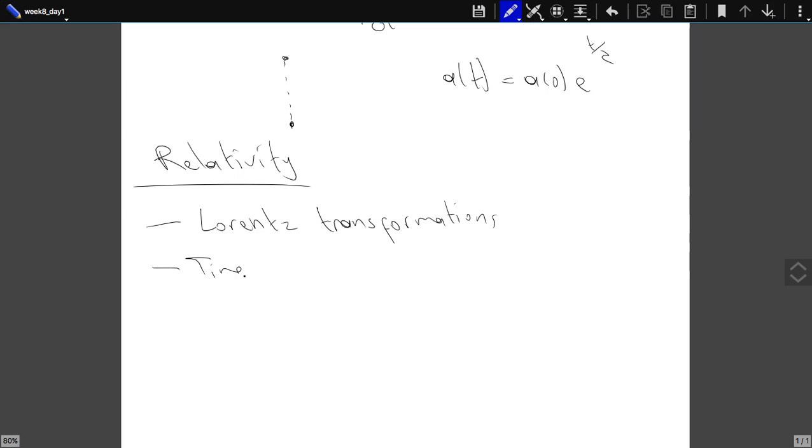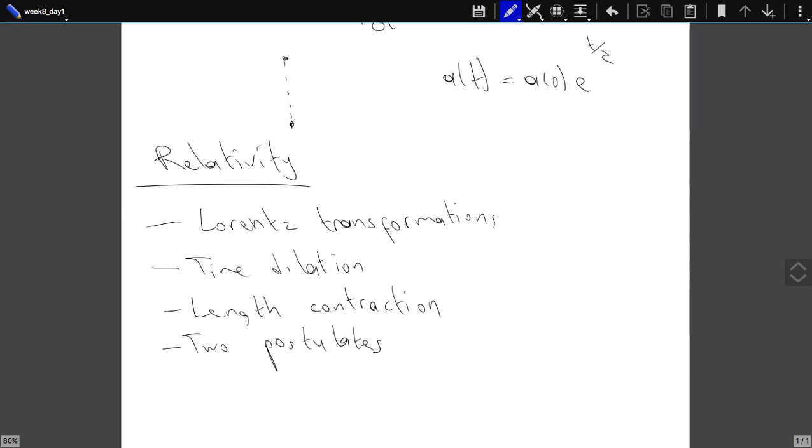Time dilation. Length contraction. Two postulates. Timeline.